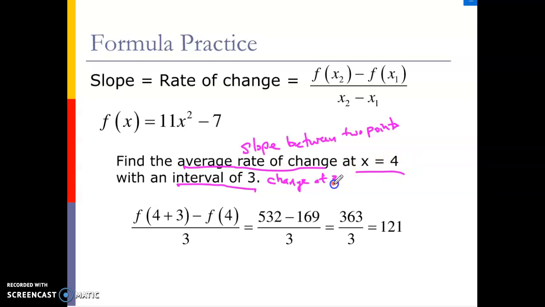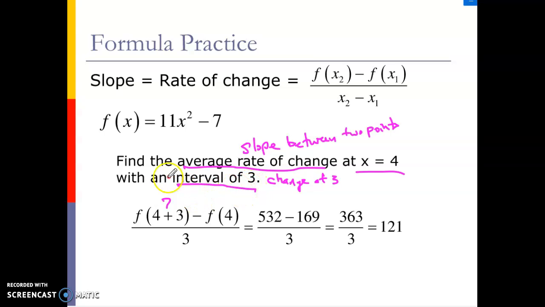If I'm starting here with 4 and I've got a change of 3, then my next x value is 4 plus 3, an x value of 7. So we're technically going from 4 to 7, but the information was given to us in terms of the first x value and the change, the interval.